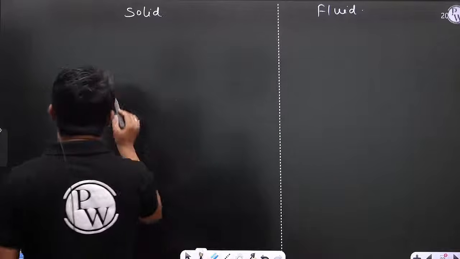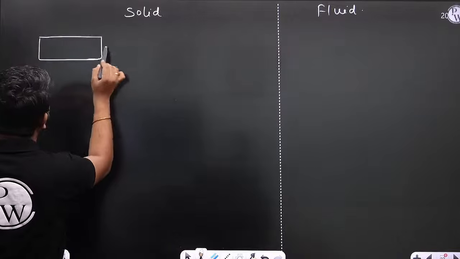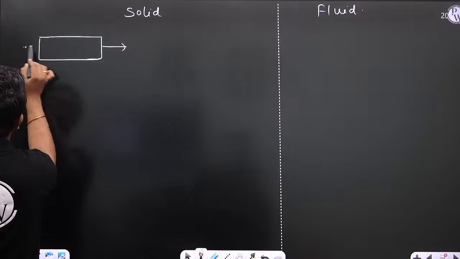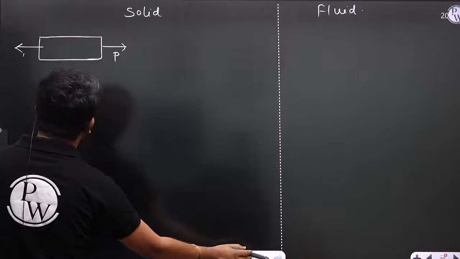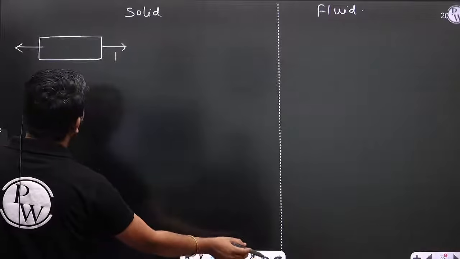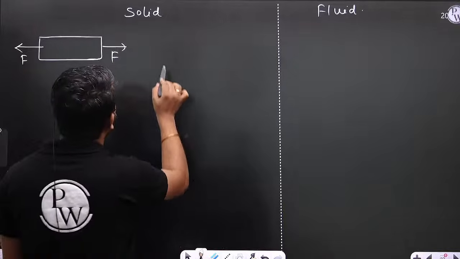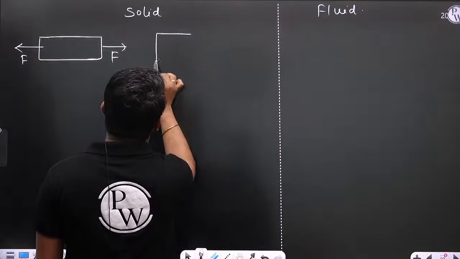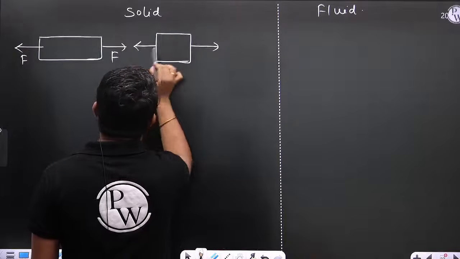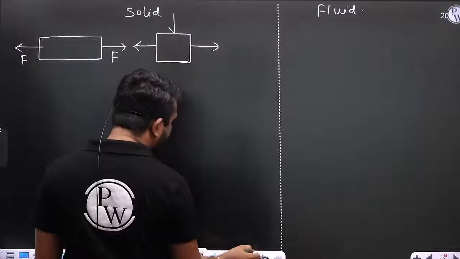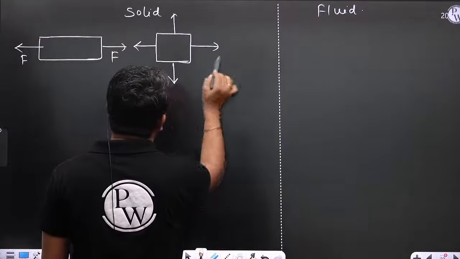Okay, so let us consider this is a solid body. I am applying a unidirectional tensile load here. Then what happens? If I am applying a bidirectional tensile load, then what happens?